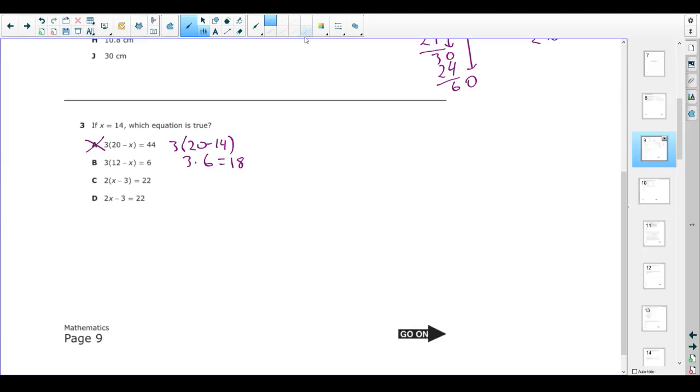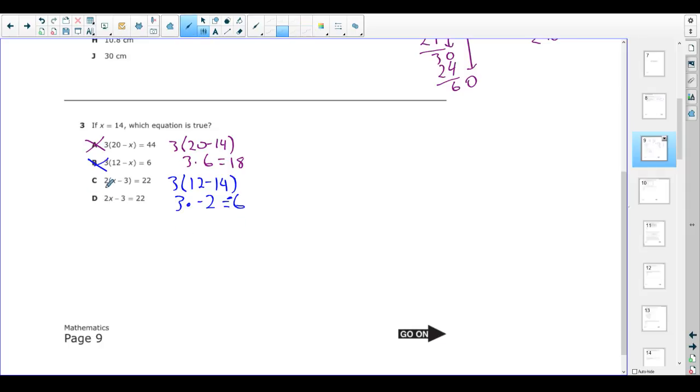That doesn't work. Go to the next one. 3 times 12 minus 14. Well, that's negative 2. So this is definitely not going to work. We'll finish it off anyway. That's negative 6. It's different from positive 6.